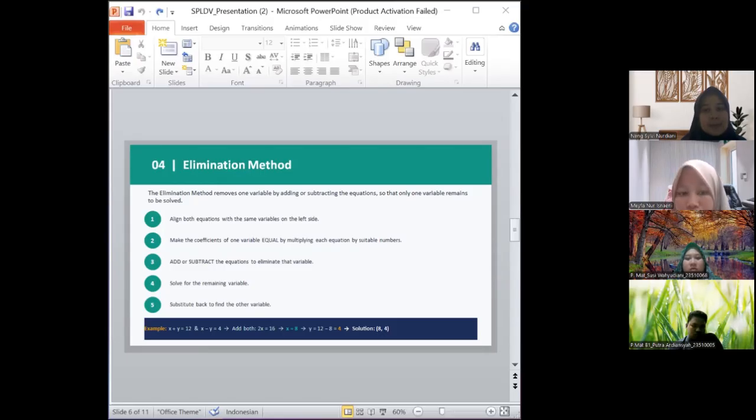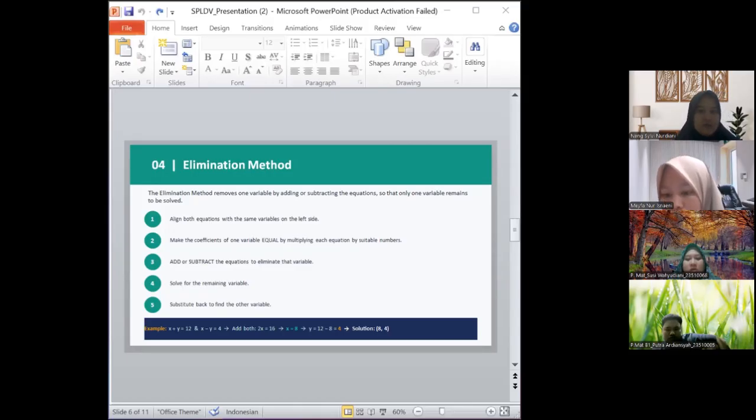Okay. For example, problem 1 is x plus y equals 12 and x minus y equals 4. Notice the coefficients of y are already 1 and minus 1.